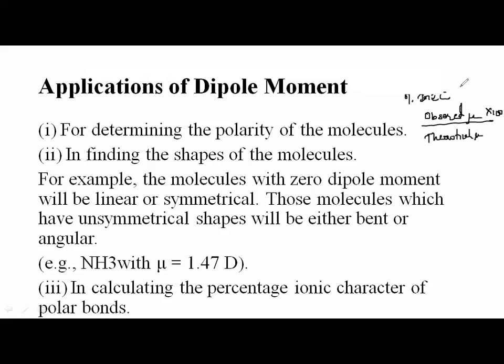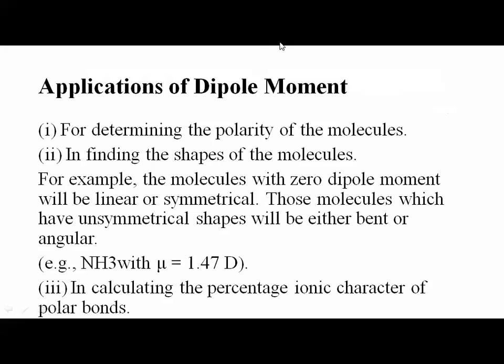You will get the percentage of ionic character. So you can even calculate it. This is the formula: observed dipole moment divided by theoretical dipole moment into 100. You will get to know how much ionic character is there in the molecule.